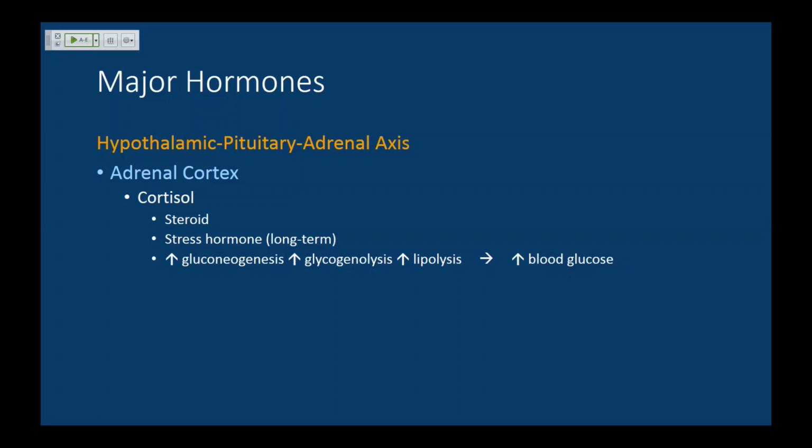As I told you in the last slide, this is a glucocorticoid, and one of its major actions is gluconeogenesis, glycogenolysis, and lipolysis, which all contribute to increasing blood glucose. And that is why it's named a glucocorticoid. It increases blood glucose.